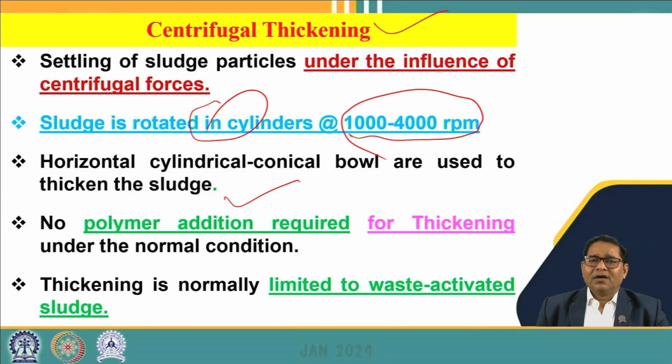If the process has very good efficiency, it may not require polymers for further improving the efficiency. Centrifugal thickening is mostly suitable for the waste activated sludge process, where there is a lot of flocculent, stabilized sludge present in the sludge mass.